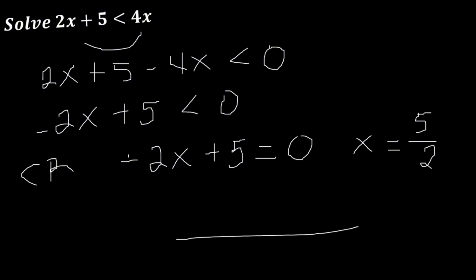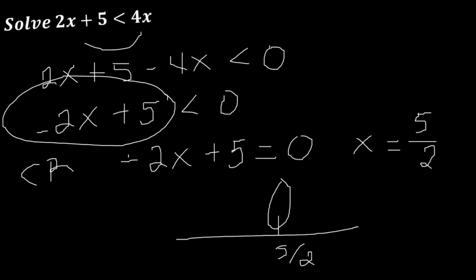Representing this on the number line, that is 5 on 2. If you take a value less than 5 on 2, what would be the answer? We substitute in this equation. You can take like 1, substitute 1 here, that is minus 2 plus 5, you are going to have a positive.